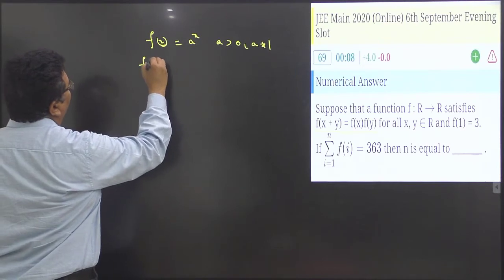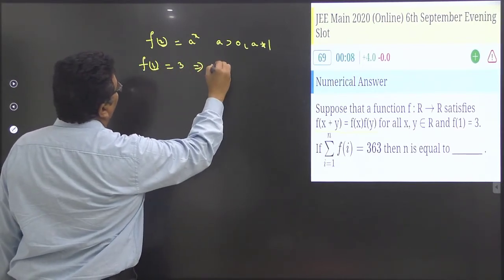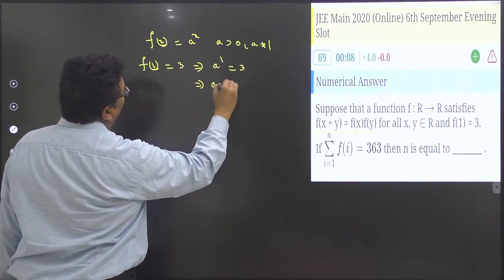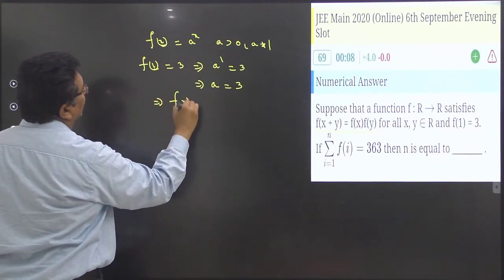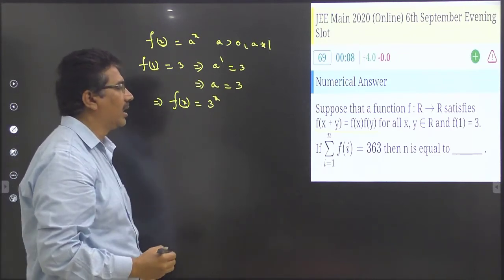Given that f(1) = 3, that means a^1 = 3, that implies a = 3, that implies f(x) = 3^x.